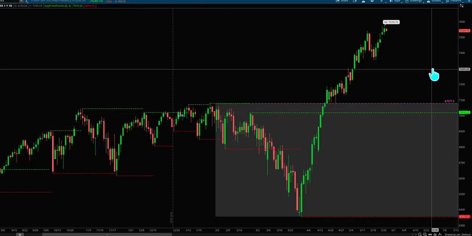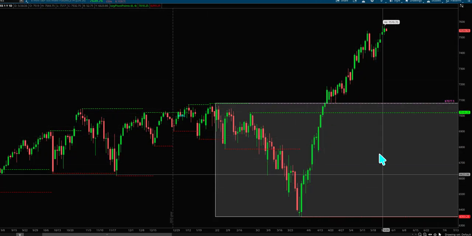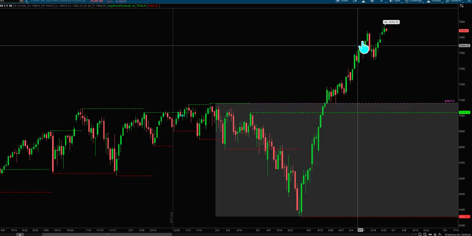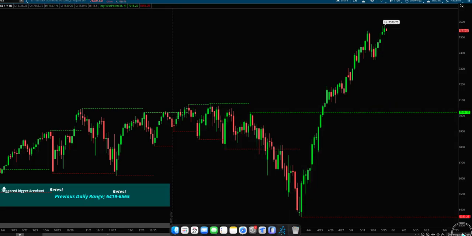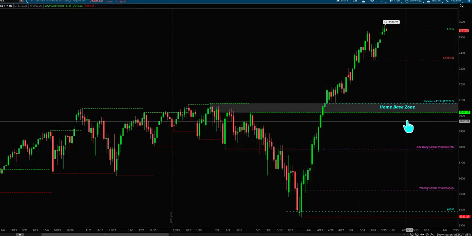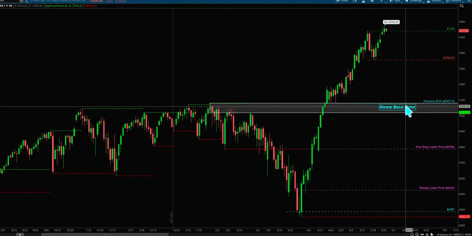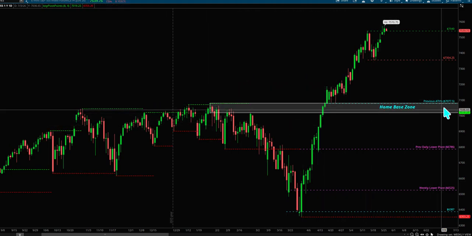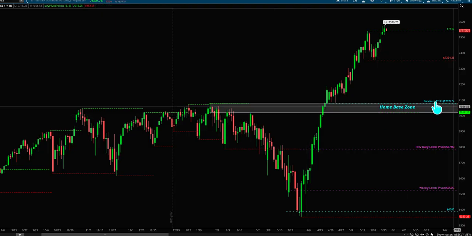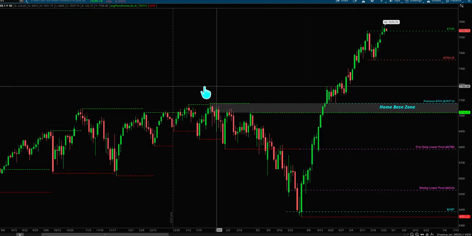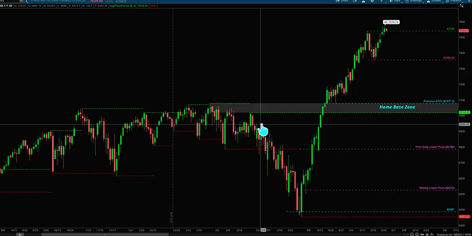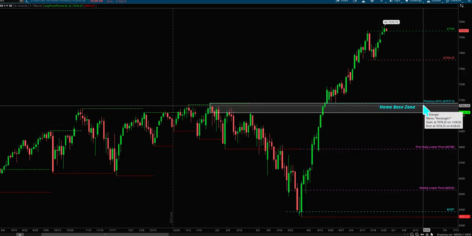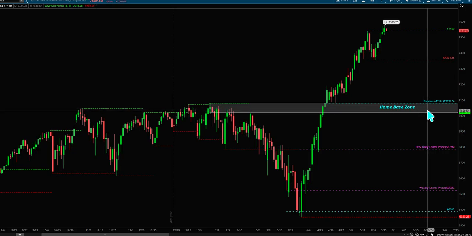All right, so back to what we're discussing: the market is in full breakout mode. And if we flip back to the other layout that I have, this is our breakout zone. It's our home base. This is our first real big area of support on any type of drawdowns that we may see.